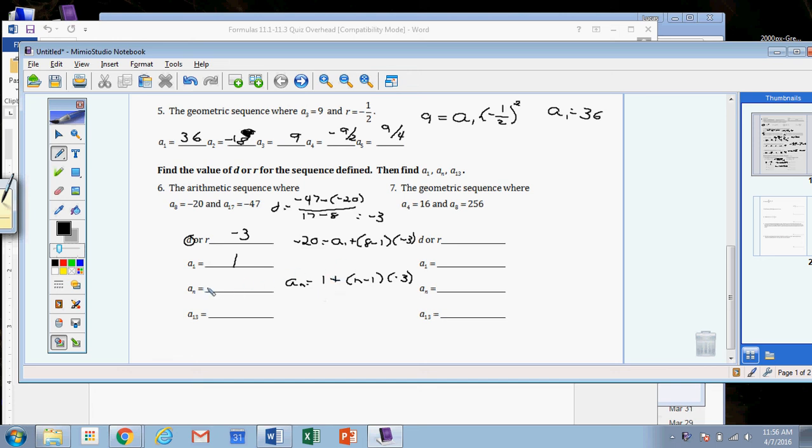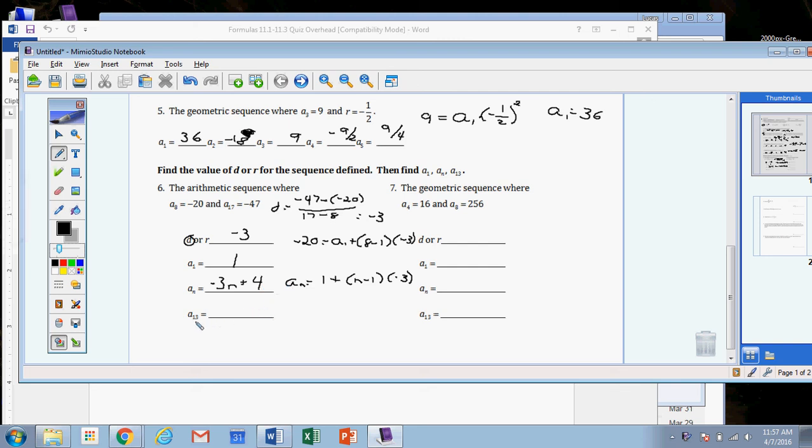All right? So you can write it like this, or you could have negative 3n, and negative 3 times negative 1 would be 3, so this would be plus 4.